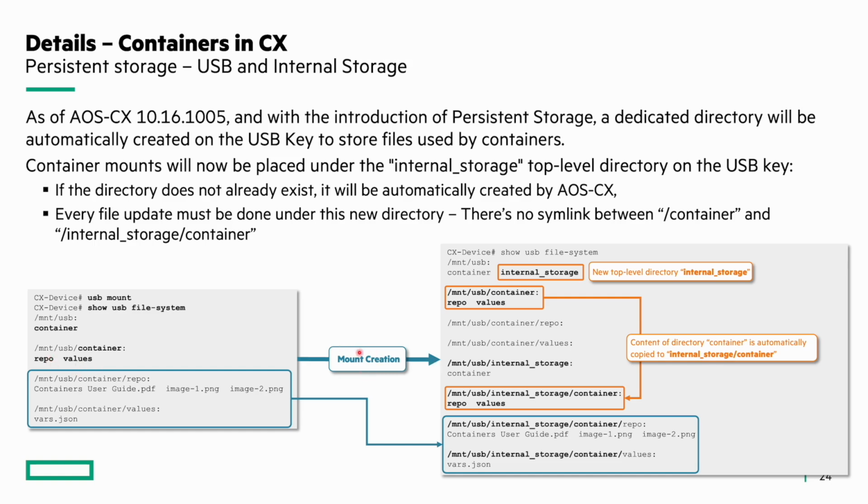As soon as we create the binding mount, we have a new directory called internal storage, and within this directory we find a new directory called container with the two subdirectories that we had already created on the USB key. The content of internal storage, container, and each subdirectory is strictly the same as the one we had previously using container by itself.